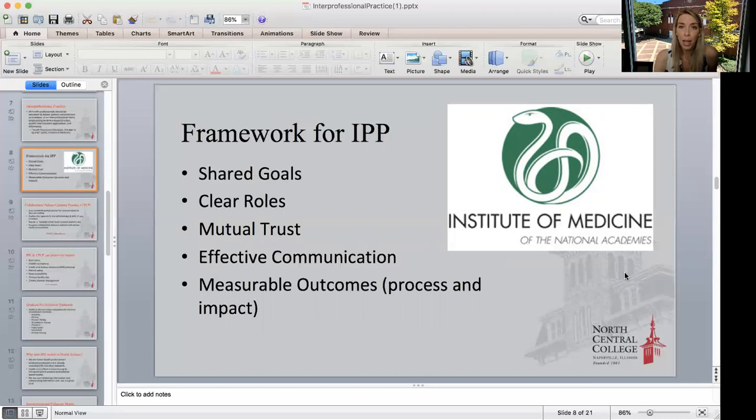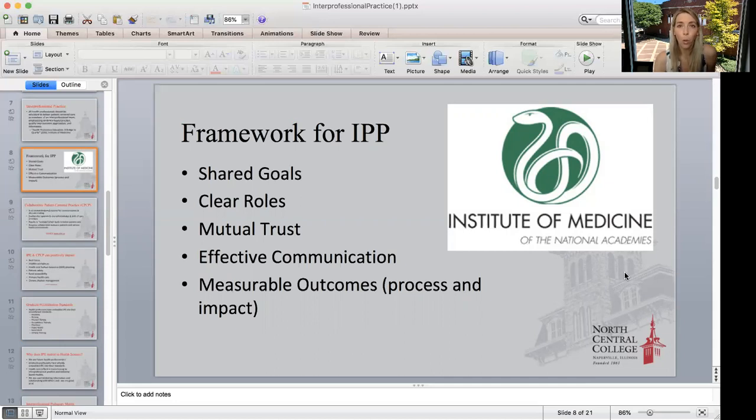You can understand how when we start mixing everything and sharing our information with other healthcare professionals, collaborating on different patient goals, we're no longer just working by ourselves to address this patient. Instead, we're working with all these other healthcare providers. You can see how the framework for effective interprofessional practice requires a lot of different things.